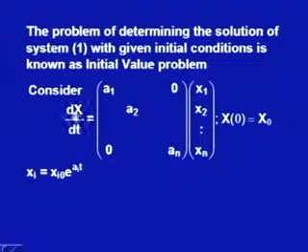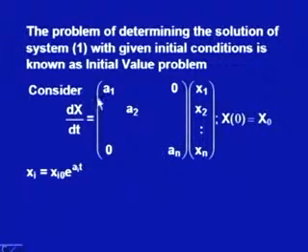Here you can reduce this system as dx1 by dt is equal to a1 x1. So, this equation is no more coupled with the rest of the equations. dx2 by dt is equal to a2 times x2. It is again decoupled from other equations. So, if the equations are decoupled, especially when we have a diagonal matrix here, then each equation can be solved independent of other equations.